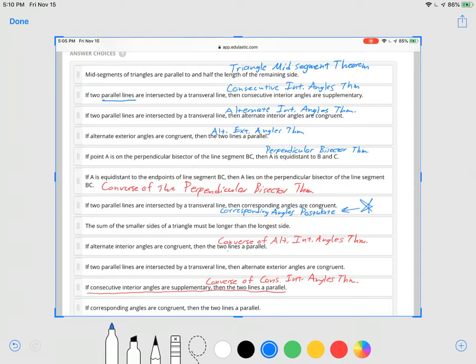Okay. The next one, the sum of the smaller sides of a triangle must be longer than the longest side. Okay, that is the triangle inequality theorem.